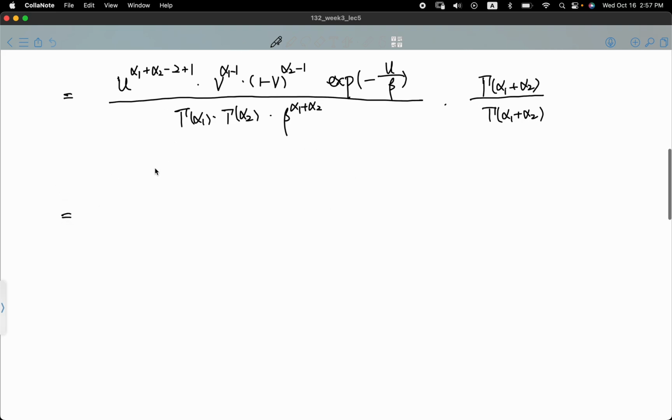So here we are going to write u to the power of alpha 1 plus alpha 2 minus 1. And then you have the exponential of negative u over beta from here.